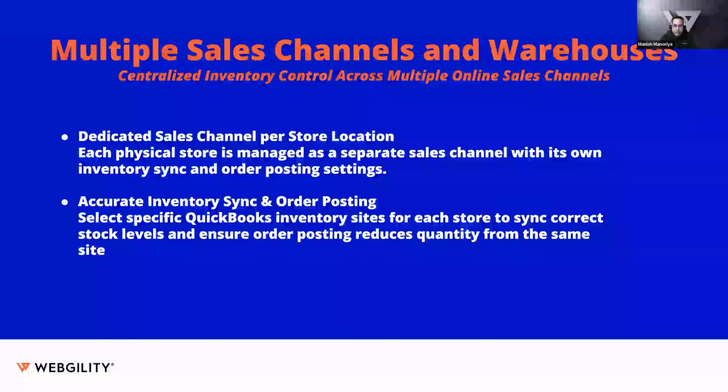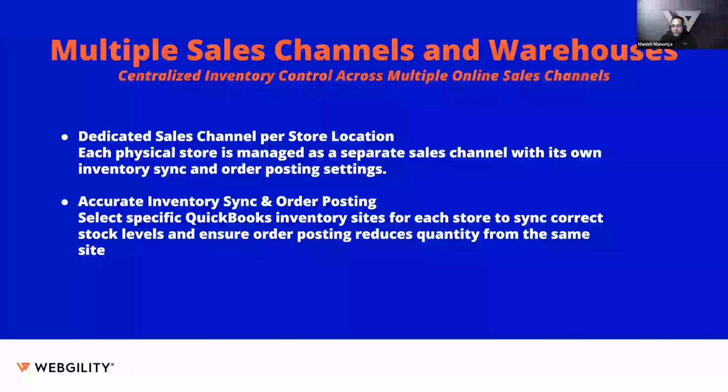You want to make sure that every time you have quantity updated on your sales channel, let's say Shopify, you have a dedicated Shopify warehouse where you manage quantity. So if you have 10 quantity available in your Shopify warehouse for product ABC, you want to ensure that quantity goes to the Shopify store correctly.